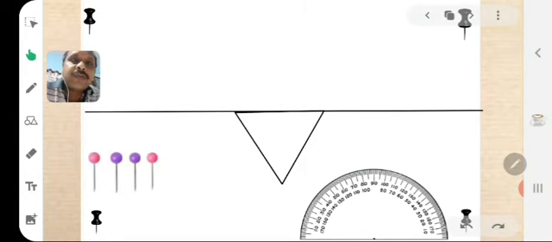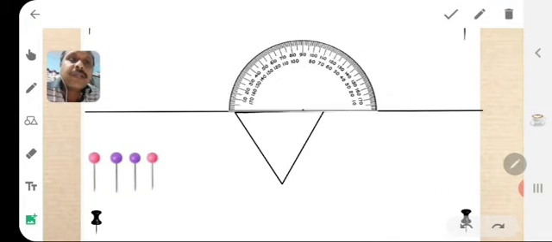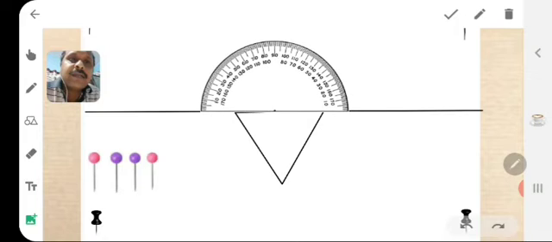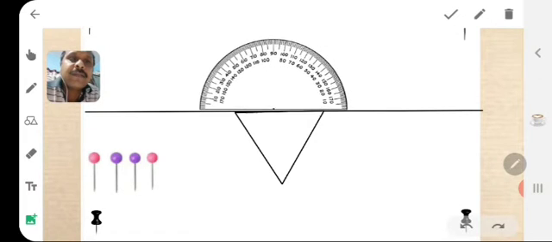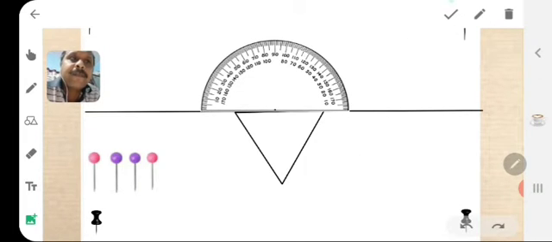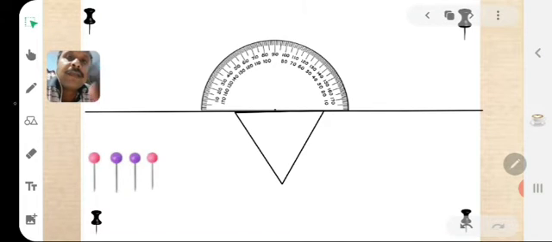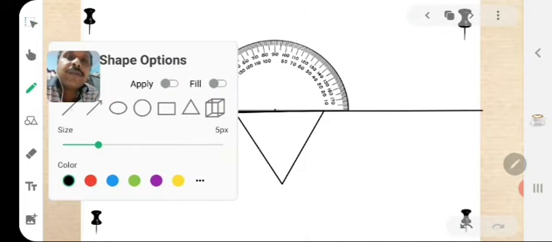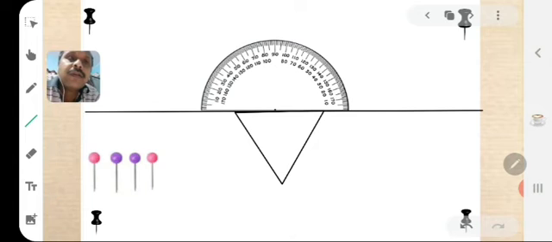So next, what we need to do, we have to bring this protractor and place it on this line. Next, we have to draw a normal to this refracting edge. So for this, obviously we have to draw a straight line.